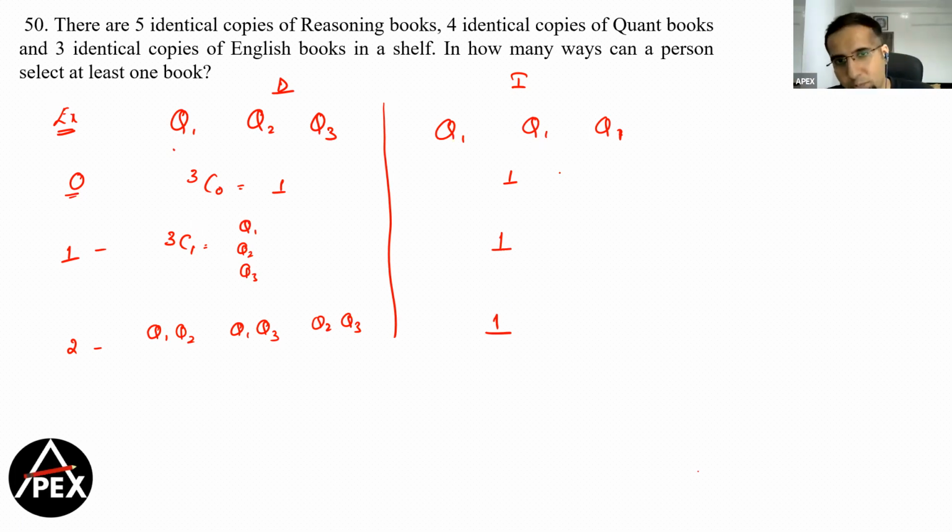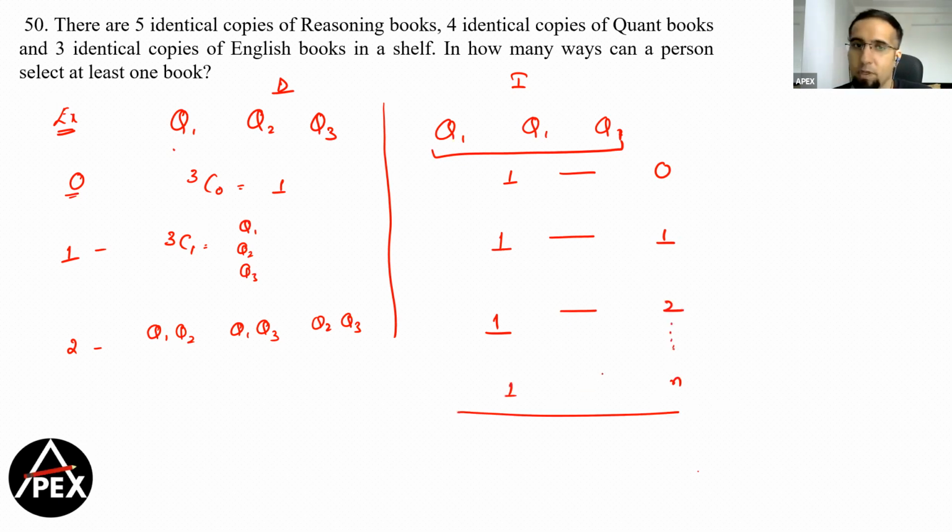So, the number of ways of picking up 0 items out of n identical items is 1. The number of ways of picking 1 item out of n identical items is also 1. 2 items is also 1. Even n items will be equal to 1. So here, the number of ways of picking any number of items is 2 to the power n.